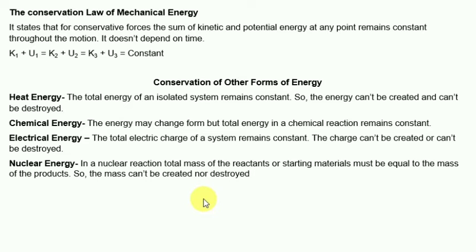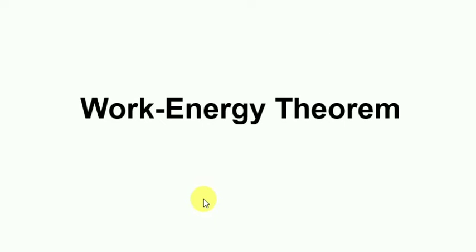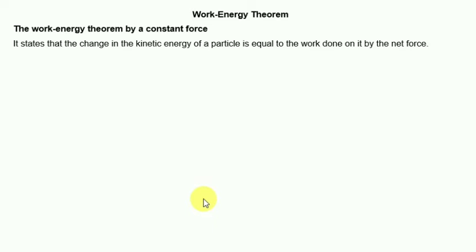So we will see the work energy theorem. This is also a very important topic. First we will see it for a constant force. It states that the change in the kinetic energy of a particle is equal to the work done on it by the net force.